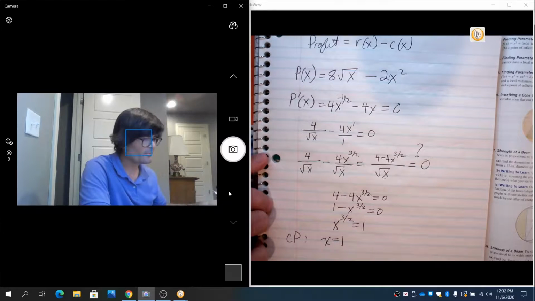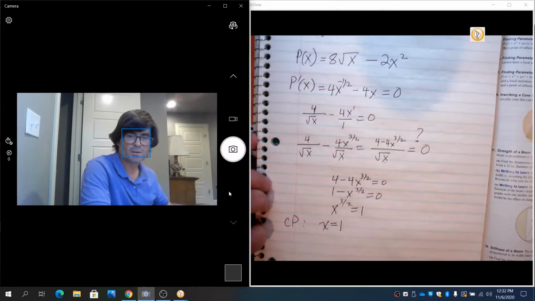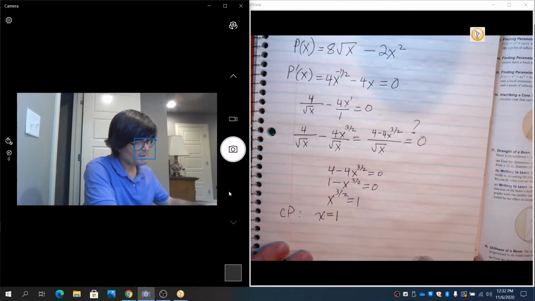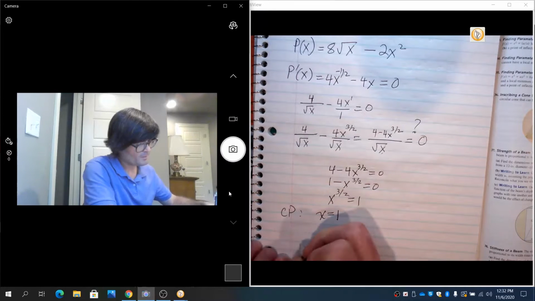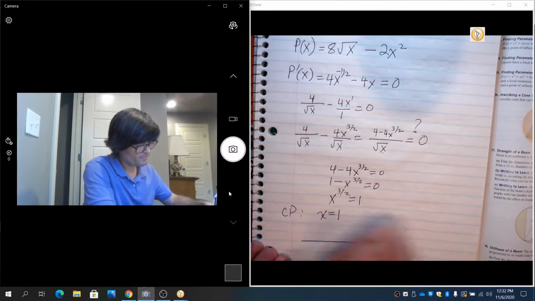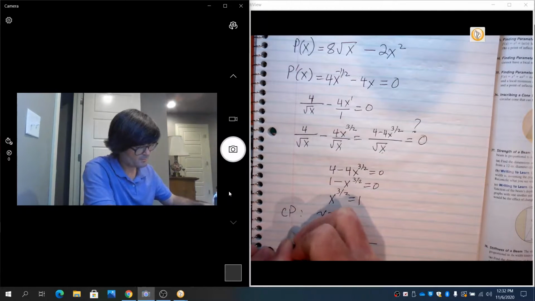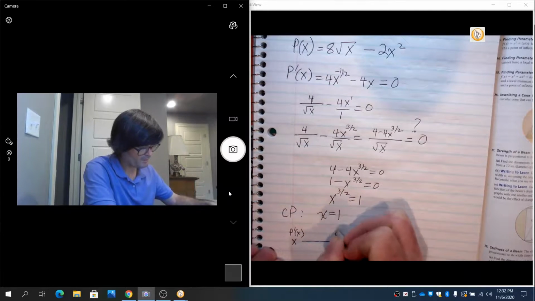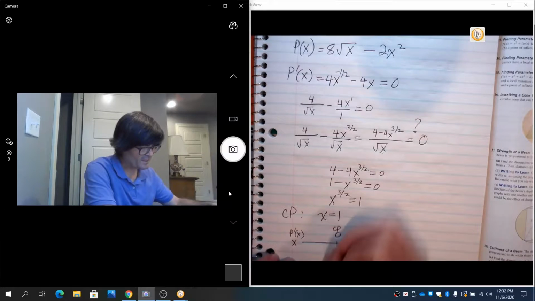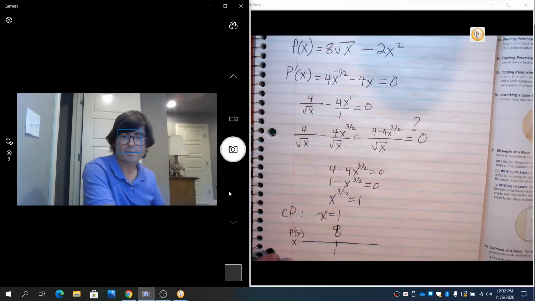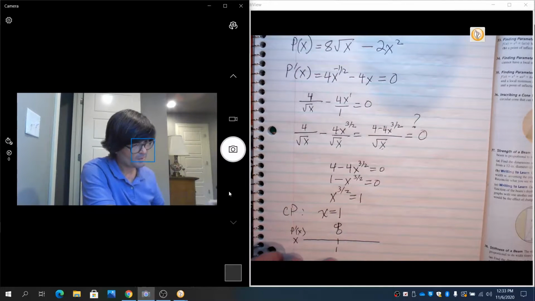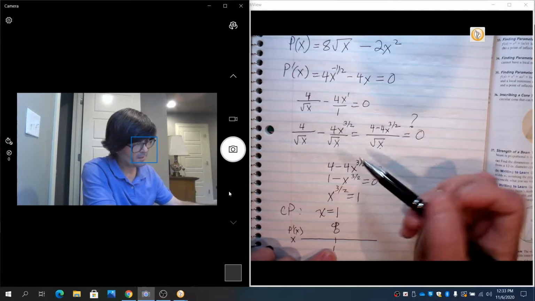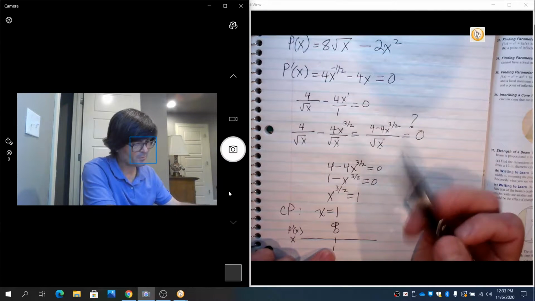So let's do two things here. Let's make a number line. P prime. Here's 1. This is a critical point right here. I want to look at the sign of the derivative on the right and left to determine if this is a max or a min. So perhaps I go back up here and plug in. Let's pick an easy number to work with.